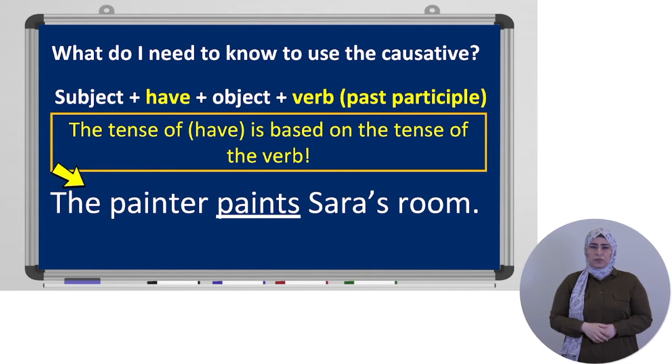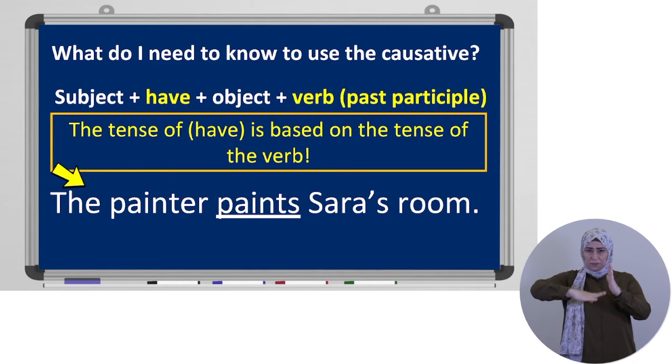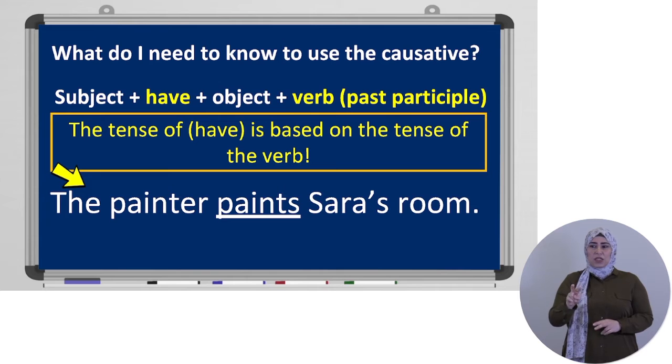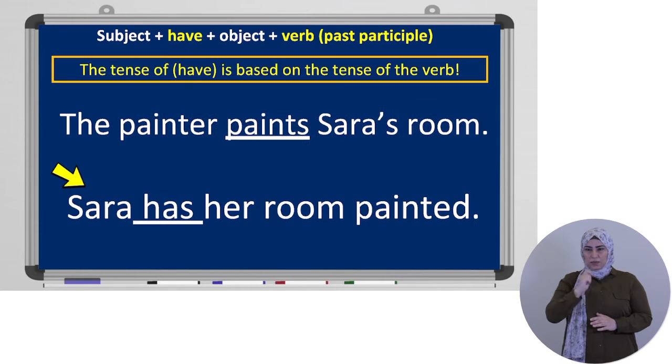Here we have a sentence. The painter paints Sarah's room. If I ask you, who painted the room, would you answer Sarah or the painter? Obviously, the painter is the one who painted it. If I'm going to be using the causative to talk about Sarah, I would say, Sarah has her room painted.